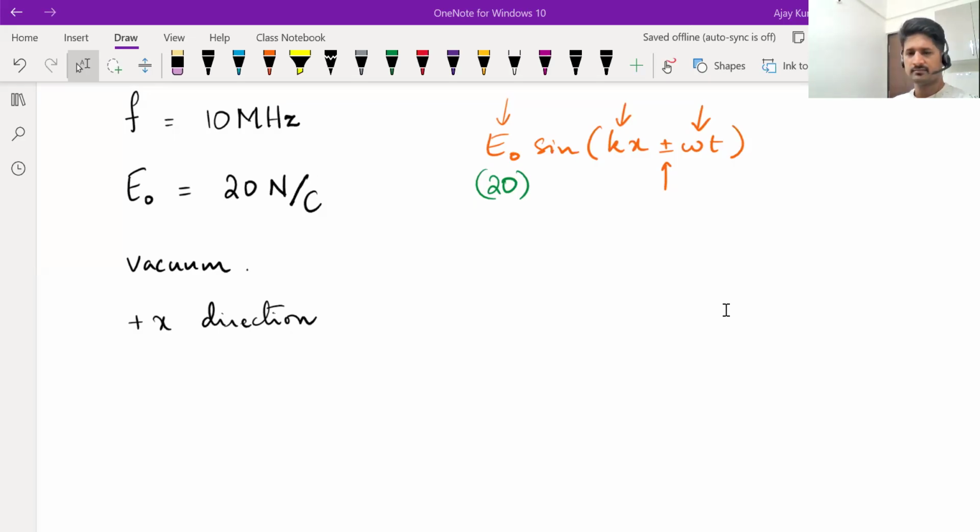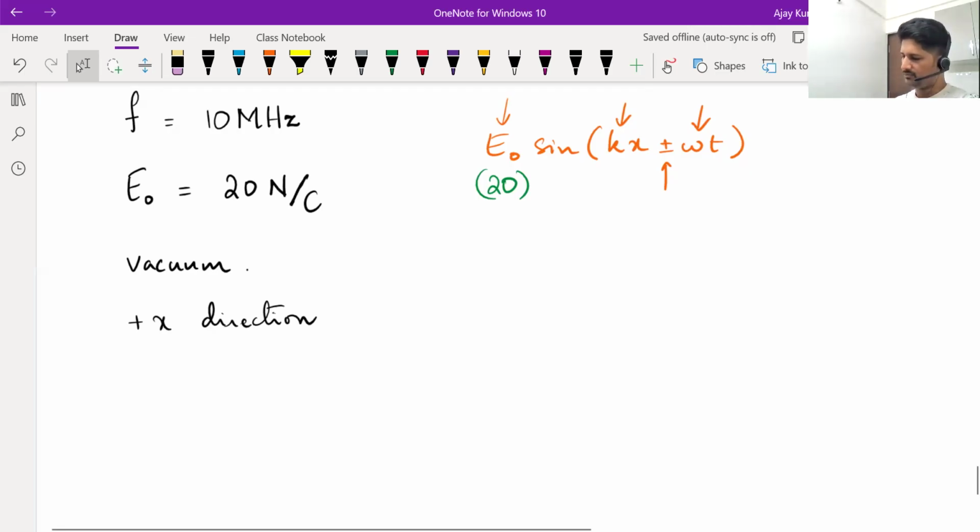Omega and F. Omega is equal to 2 pi by... Sir, T is equal to 2 pi by omega.